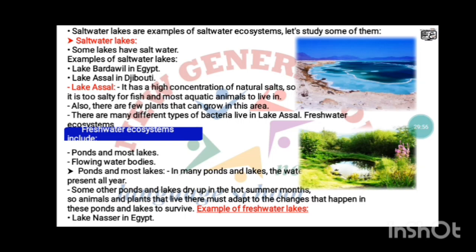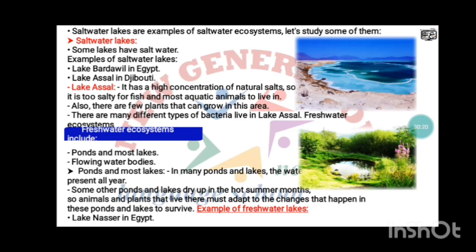In many ponds and lakes, meaning the largest number of ponds and lakes, the water is present all year. But some other ponds and lakes dry up in the hot summer months, so animals and plants that live there must adapt to the changes. Okay.